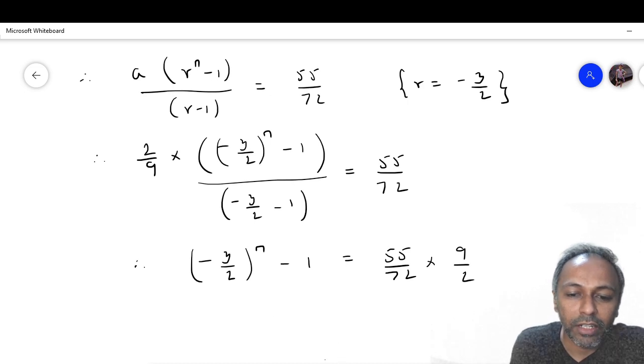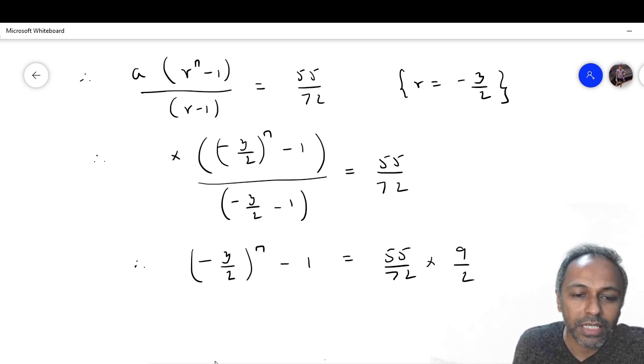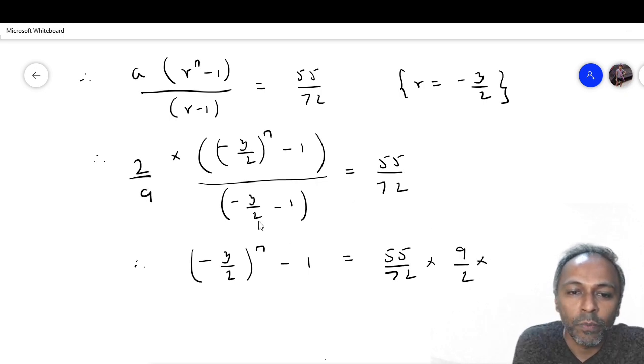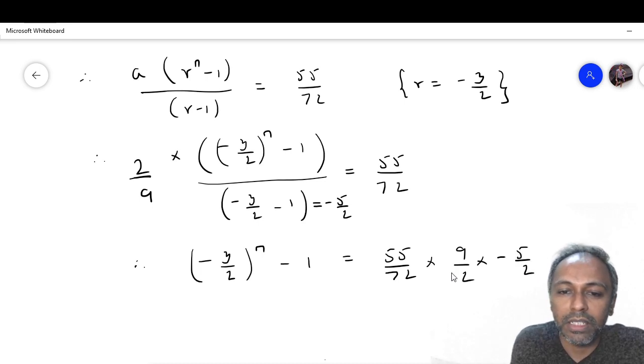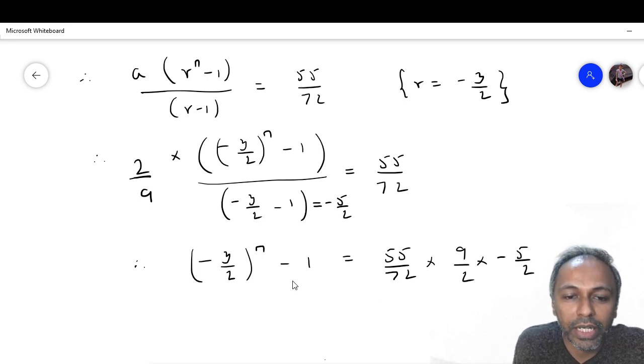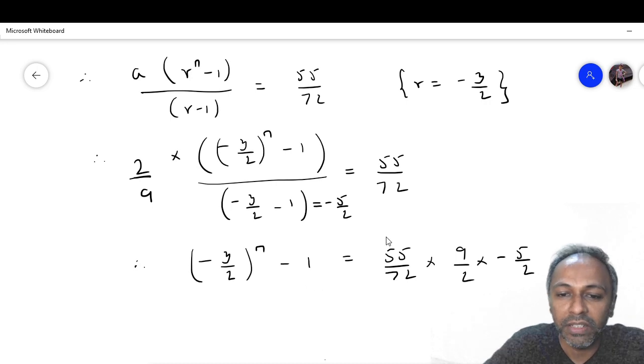If this looks confusing, you could write it like this so that you feel more comfortable. 2 by 9, so 9 goes here into this denominator value, which is minus 5 by 2, so when that gets multiplied it will become minus 5 by 2 like this along with the minus sign. So we are not writing anything in the denominator of the left hand side.